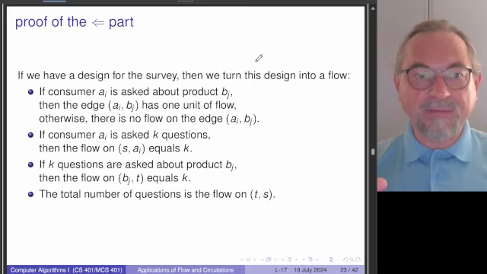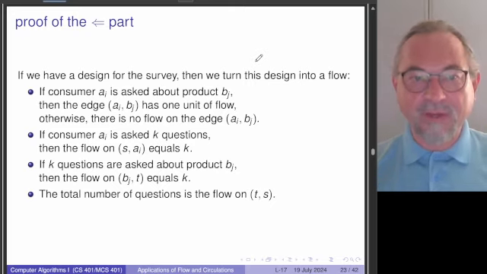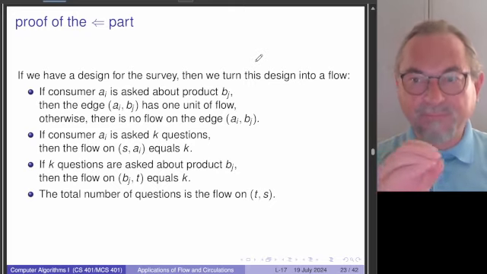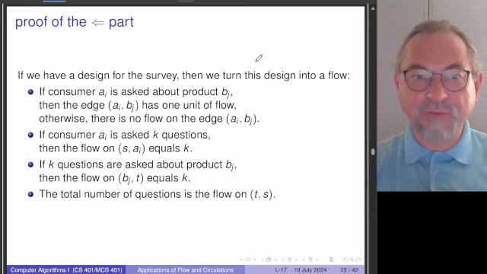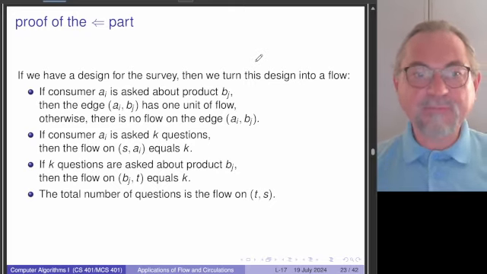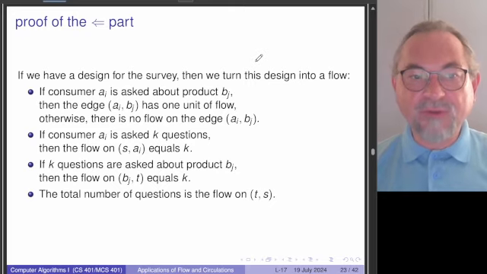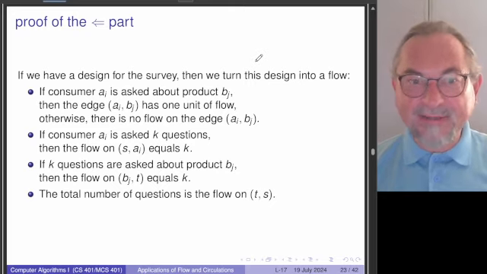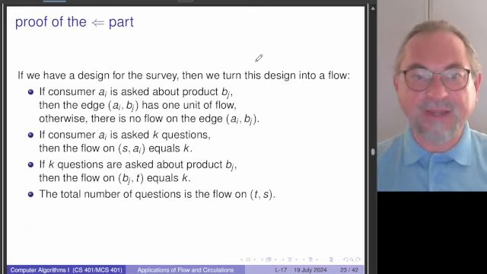Now, if you have a design for the survey, how can we turn this into a flow? Well, if for every question a consumer is asked, we have flow. Otherwise, there is no flow, so it's actually a 0 or a 1. But it's adding up. So if a consumer is asked so many questions, then there will be a flow of that value.